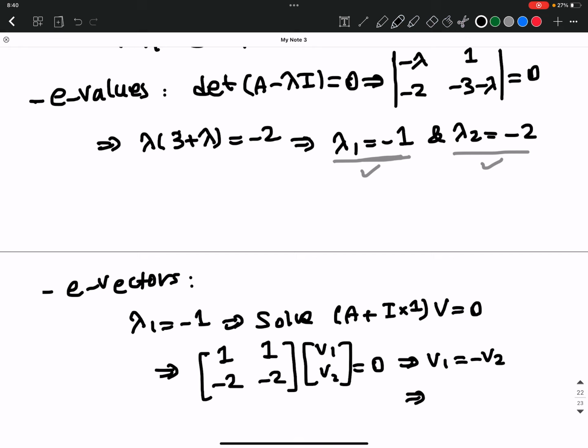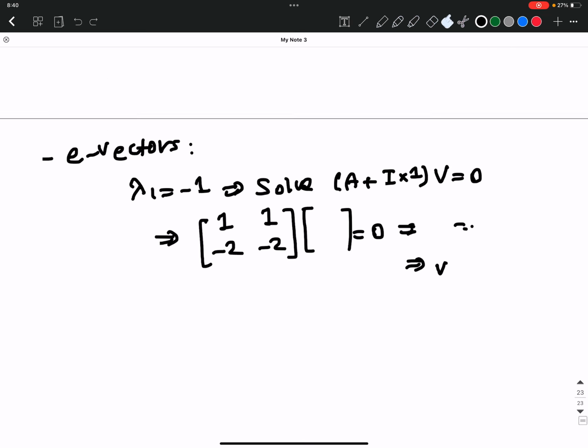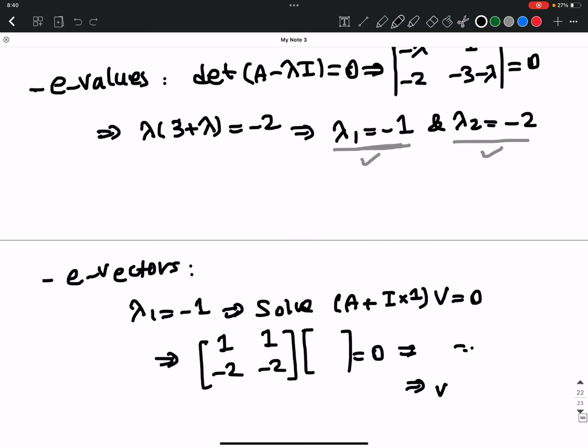So I don't want you to confuse this, so we can name these M1, M2.